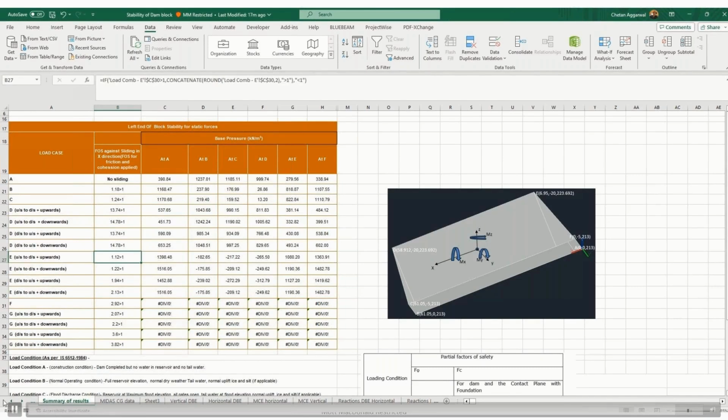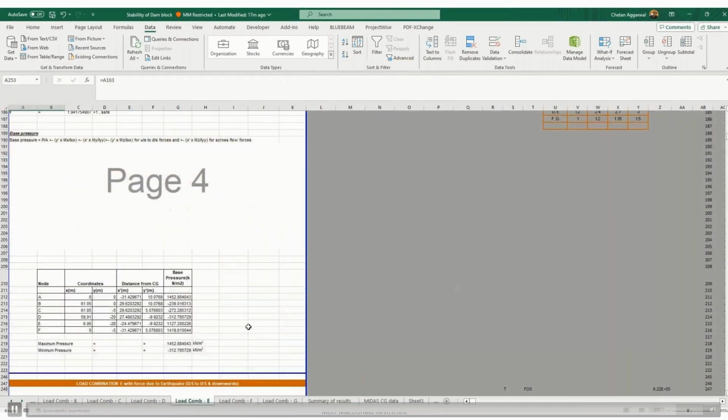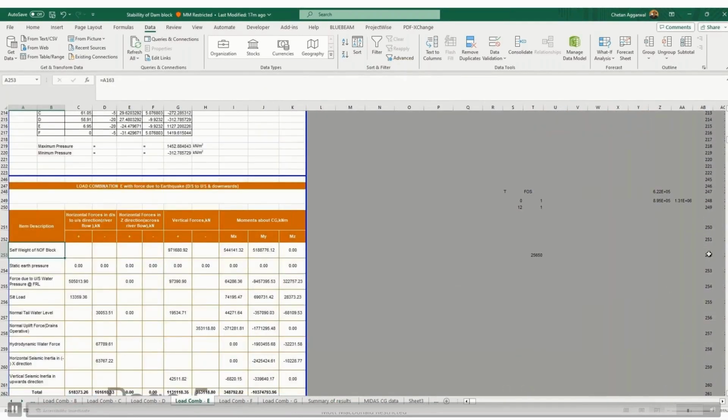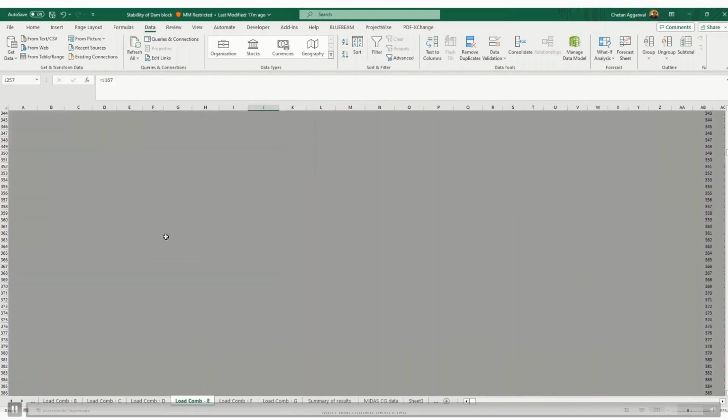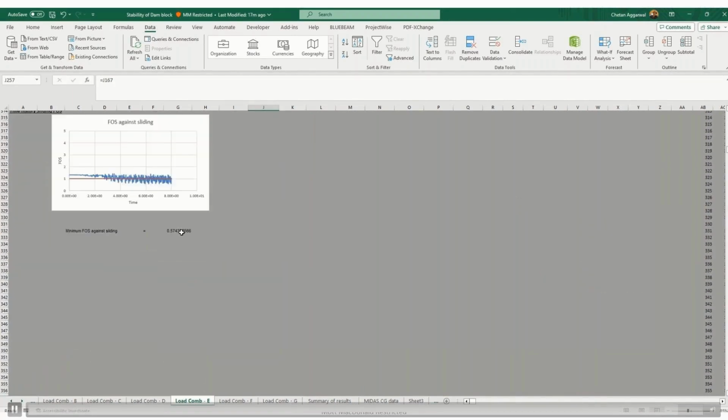But if we do it for each cycle, then we are getting some lower values of factor of safety.